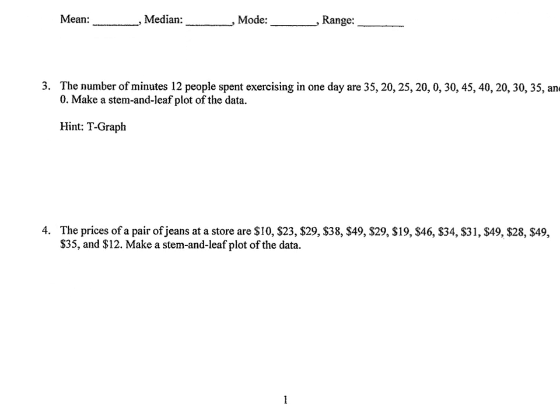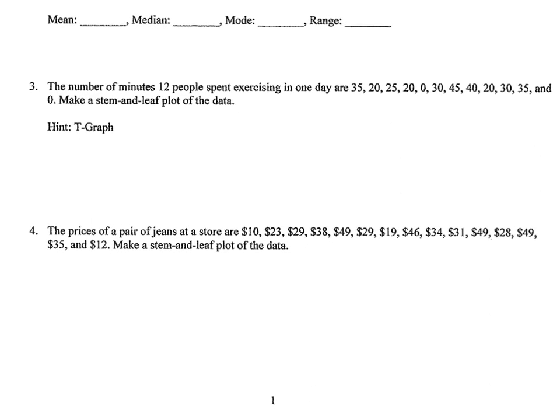Number 3 says the number of minutes 12 people spent exercising in one day are, and here's how much time everybody spent exercising. Don't forget that 0. Make a stem and leaf plot. Says hint t-graph. Well, your t-graph is going to look like this.